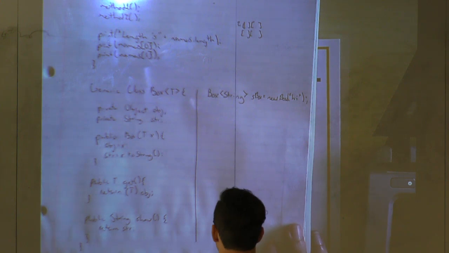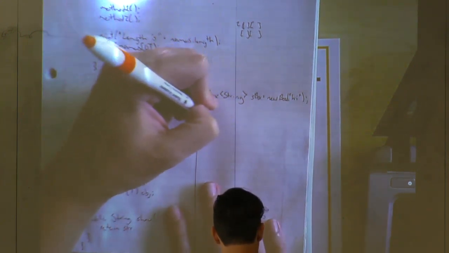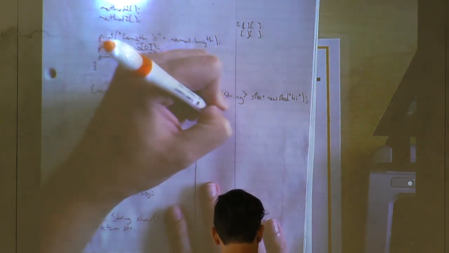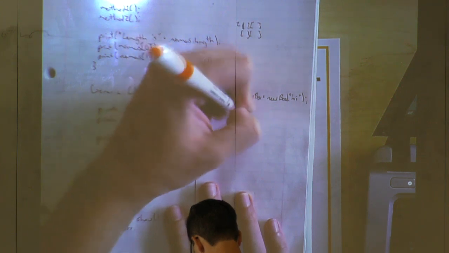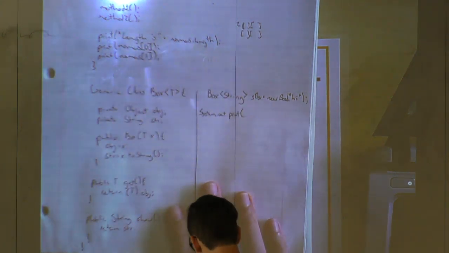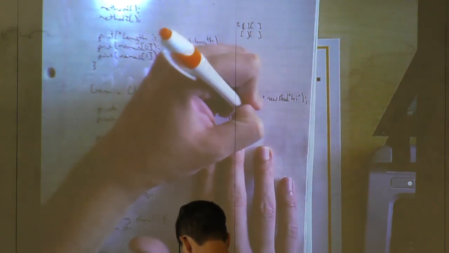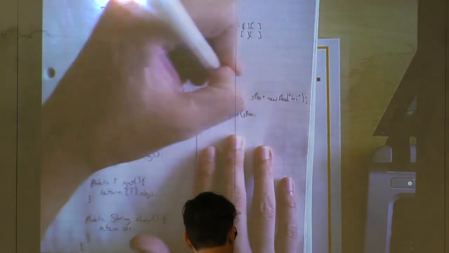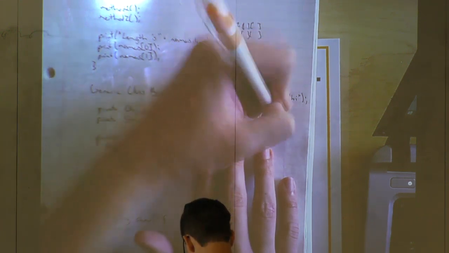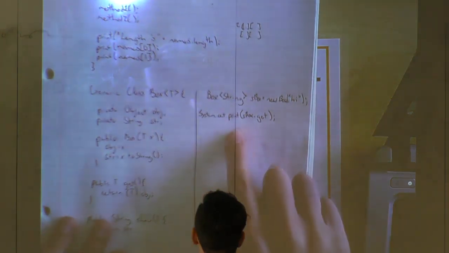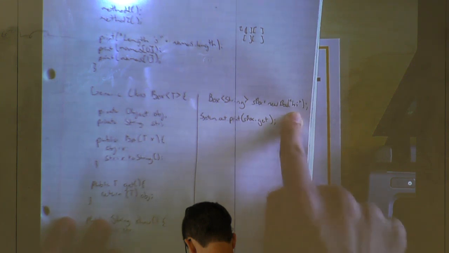And then if we call, let's say, a call to print, and what we want to print is sbox.get, because in this case, we know that the data in sbox is a string because we made it a string and gave it a string.